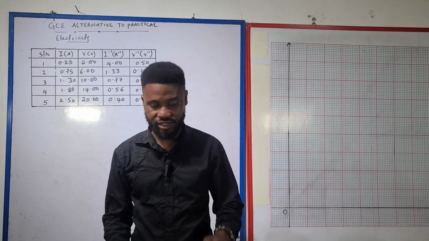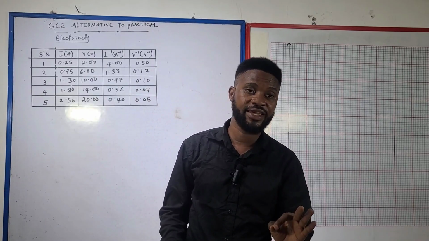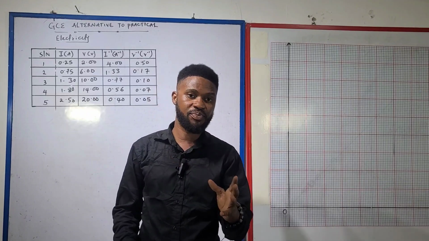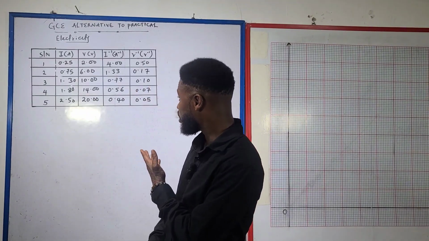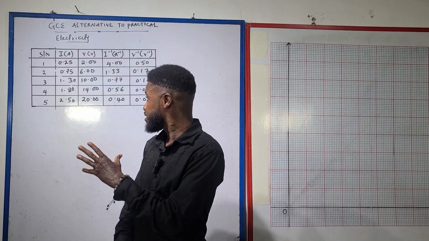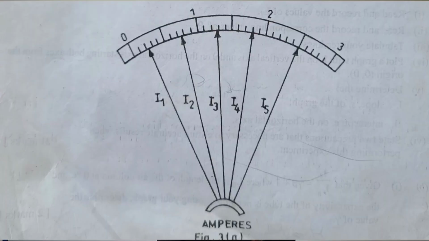Let's leave the stories. What matters is we want to take figures and come out with figures in a table so that we can plot our graph. The very first question is that we should read and record the values of the current I. That we have already done.